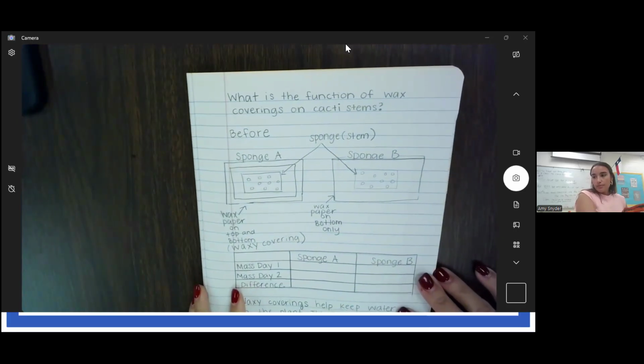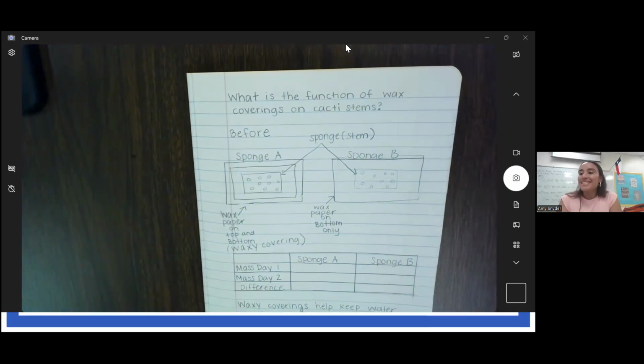So I'll show you my notebook example. You would designate one of the sponges as sponge A, and the other sponge as sponge B. Something important to note is this would be carried out over 2 days because it would take some time for us to see a change in the mass.